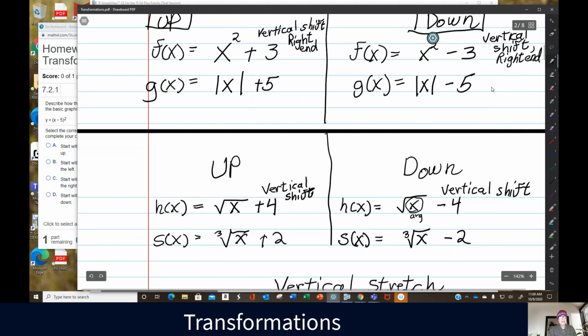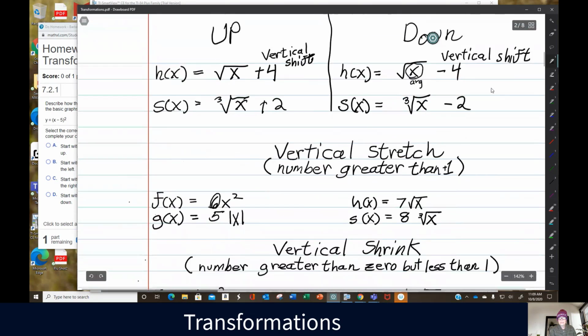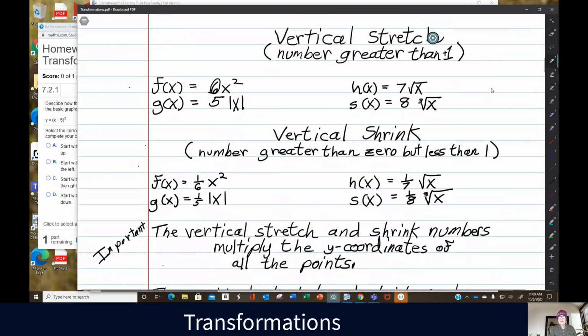All it does is move directly up or down. That's what the vertical shift does. The vertical stretch multiplies the y coordinates, but it stretches vertically, it doesn't move vertically. It just stretches up. So a number greater than 1 will cause the graph to stretch.